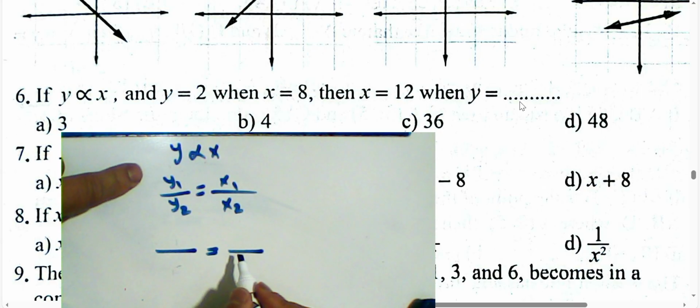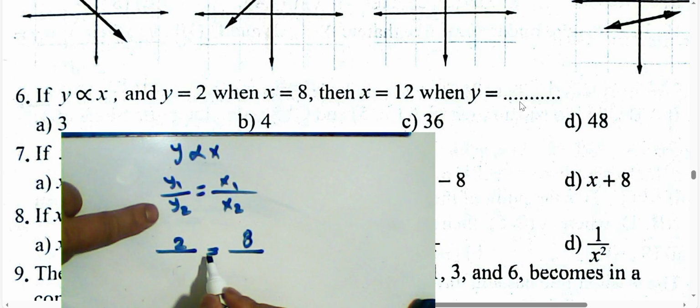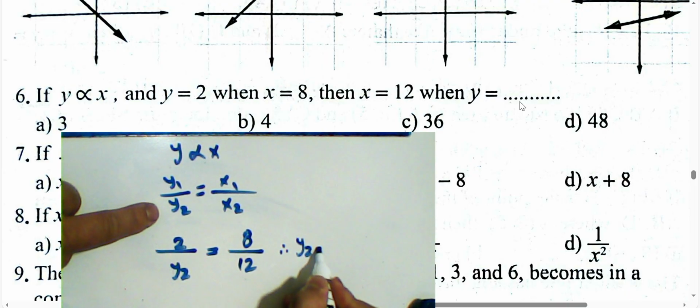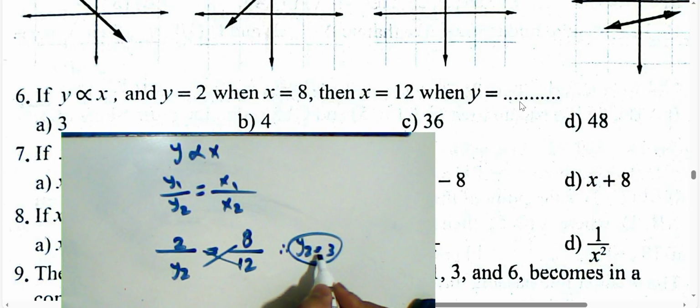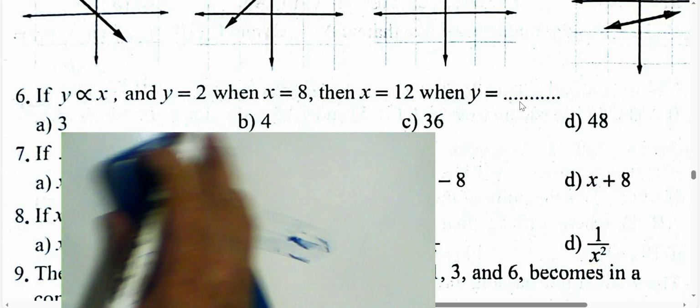We have y1 equals 2 when x1 is 8. We want to find y2 when x2 is 12. Then y2 equals 2 times 12, 24, divided by 8, which is 3. Then y2 here will be equal to 3.